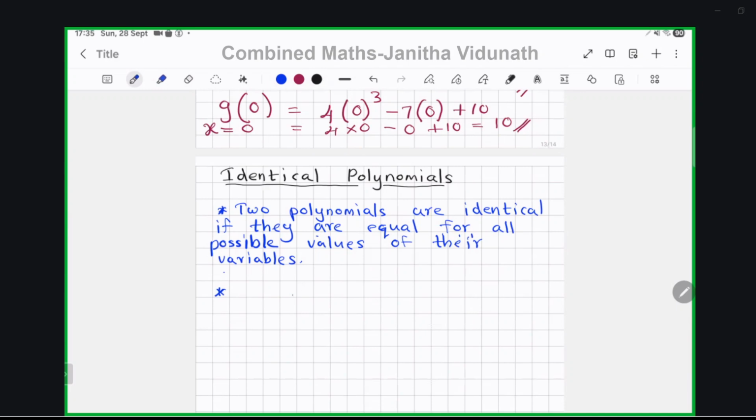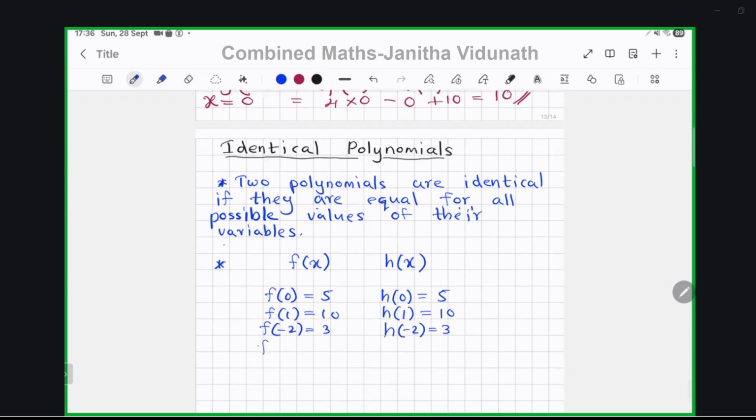For example, if we say f(x) and h(x) are identical, then if f(0) is 5, h(0) should also give 5. If f(1) equals 10, then h(1) also equals 10. If f(-2) equals 3, then h(-2) also needs to equal 3. If f(3) equals 7, then h(3) also needs to equal 7.